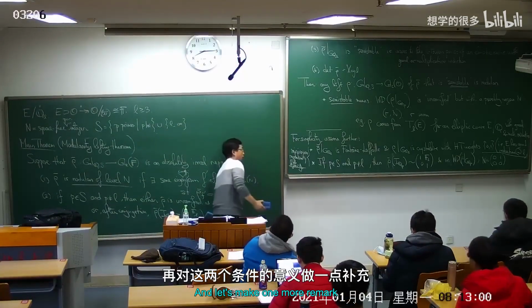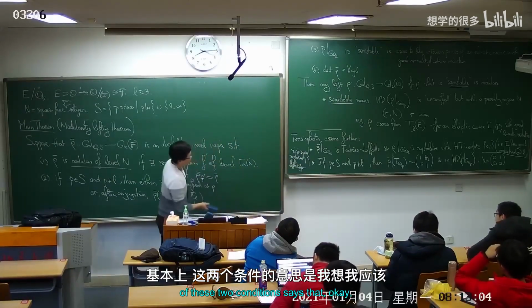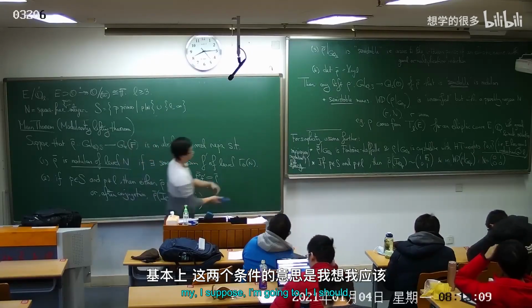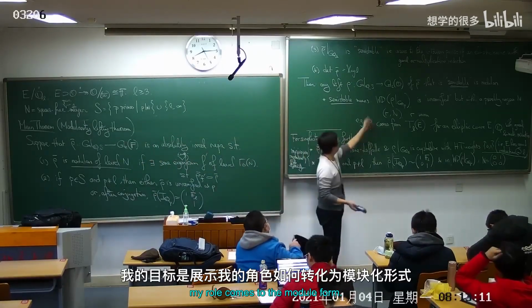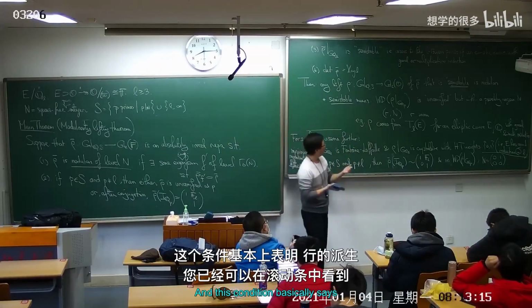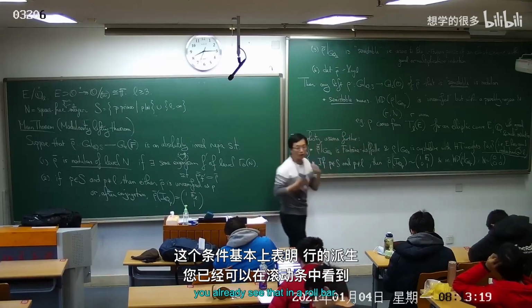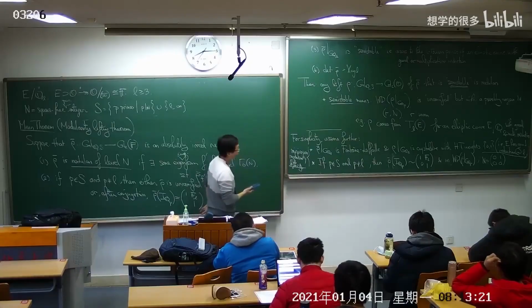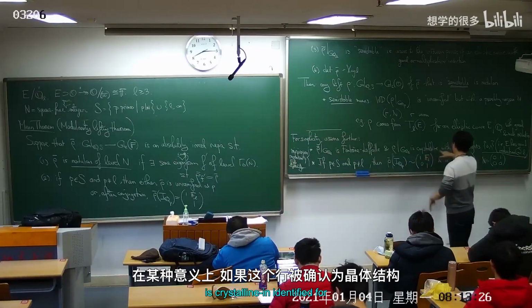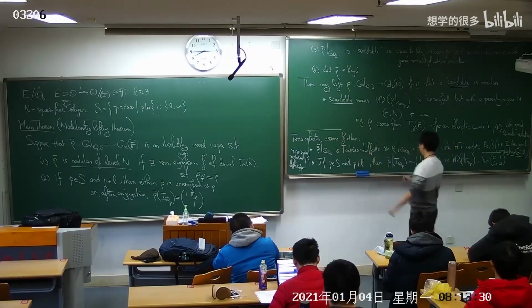And let's make one more remark about the meaning of these two conditions. My goal is to show my rho is associated to some modular form. And these two conditions basically say that the ramification of this rho, you already see that in rho bar. In the sense that, if rho is crystalline, meaning unramified for the l-adic version, then rho bar is unramified, of course.